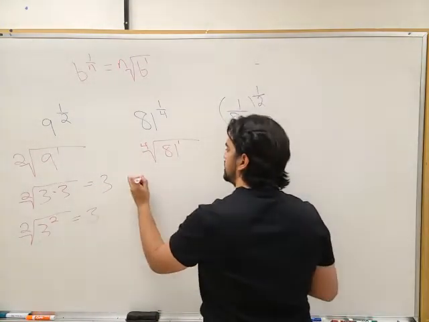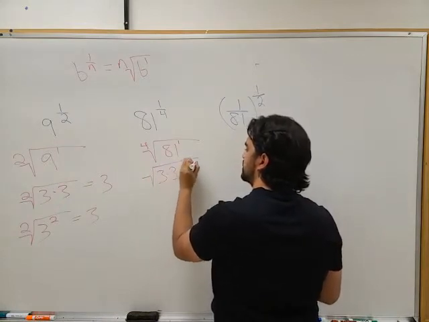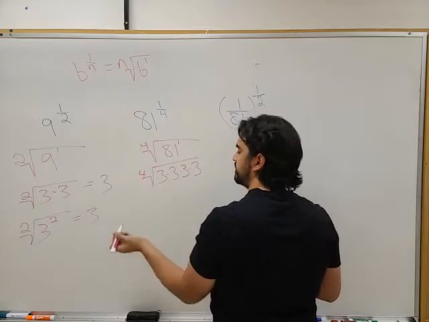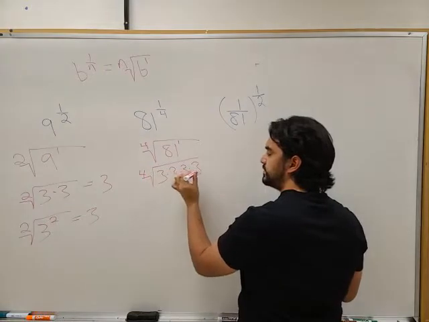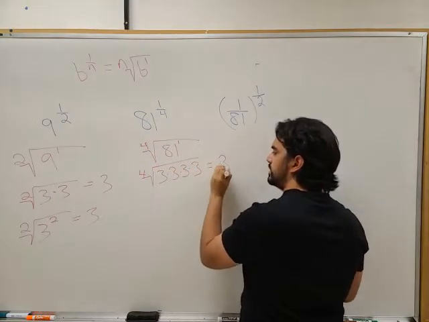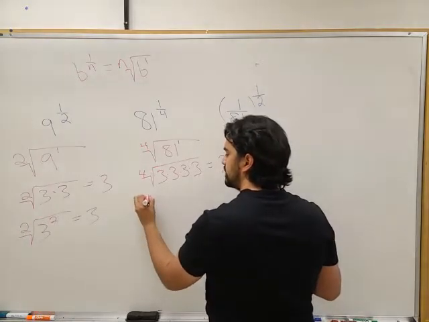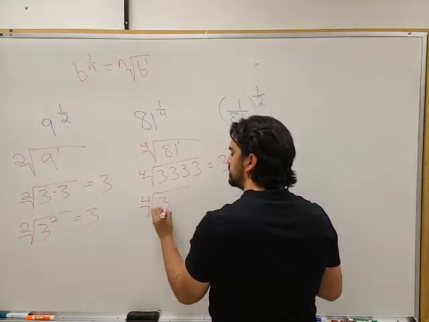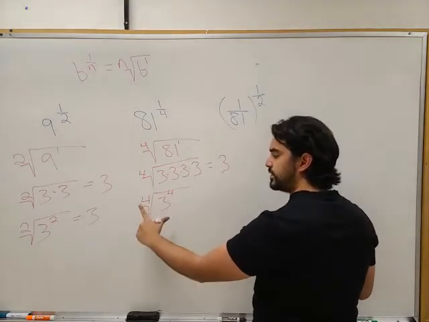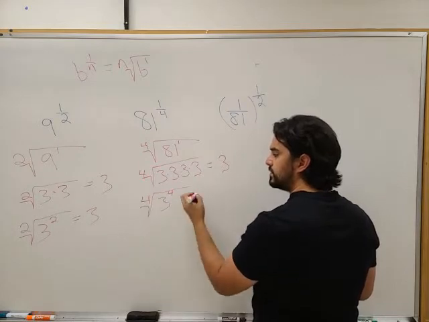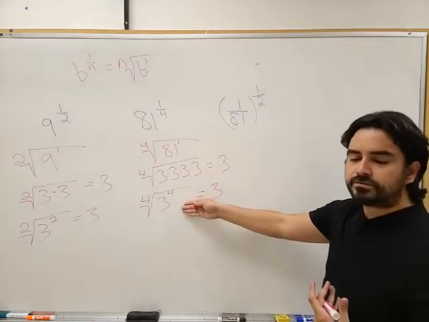We could say 3 times 3 times 3 times 3, the index number of 4, and the fourth root of 3 times 3 times 3 times 3 is 3. Or we could write it in exponential form, which is the fourth root of 3 to the power of 4. And we're going to divide our power by our index number. 4 divided by 4 gives you 1, so 3 to the power of 1. Either one of these forms is great.